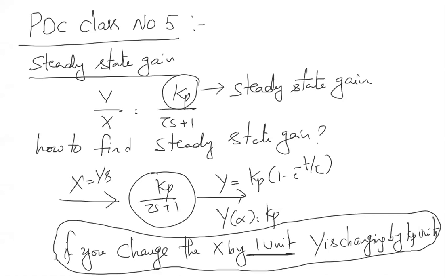So how to find steady state gain is, give a step change in the input and see how many units the output is gaining. That is nothing but the steady state gain.